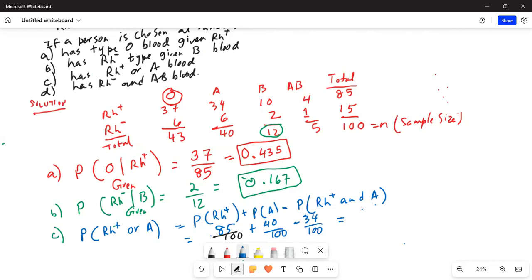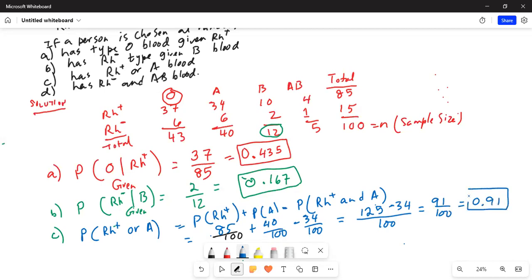So 85 plus 40 is 125, minus 34, divided by 100. The answer is 91 out of 100, which is 0.91.